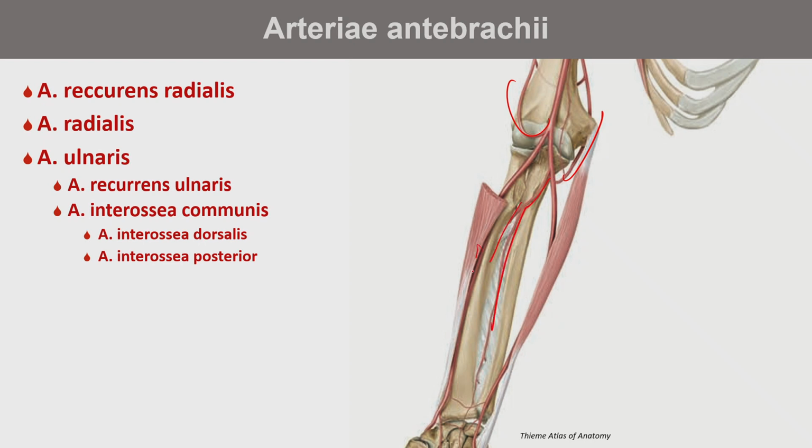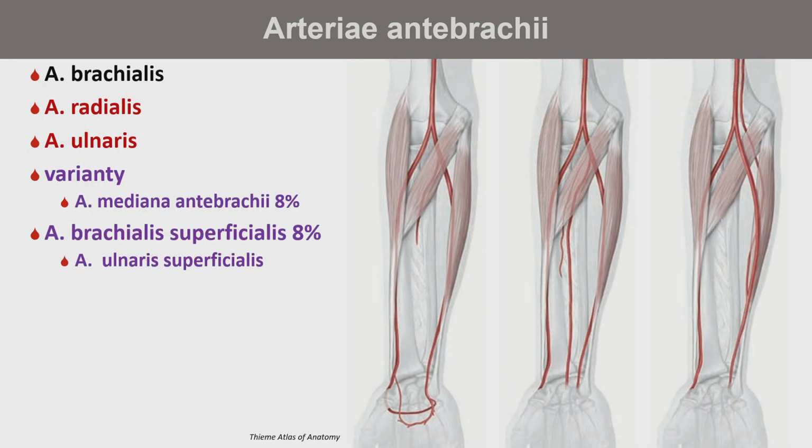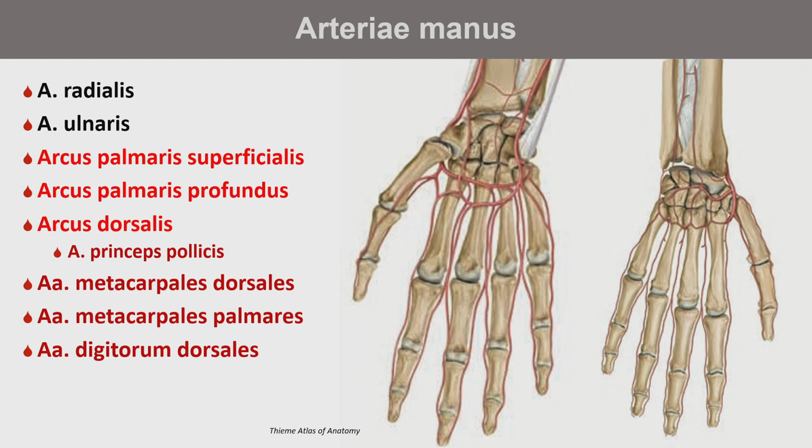And then the arteries go along the radial and ulnar edge of the forearm down to the wrist region. The variants there are very, very rare. Only in about 8% can you observe the artery which is called mediana. But in general, it is not important.